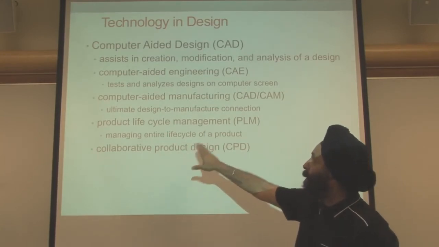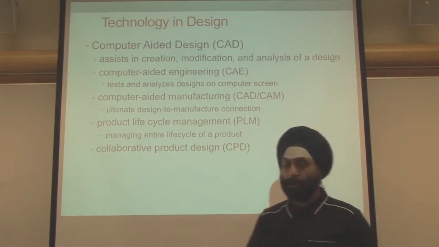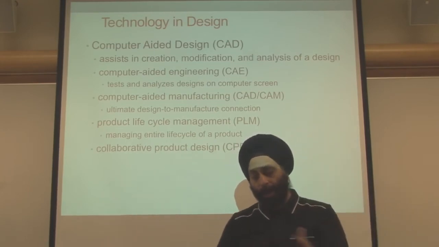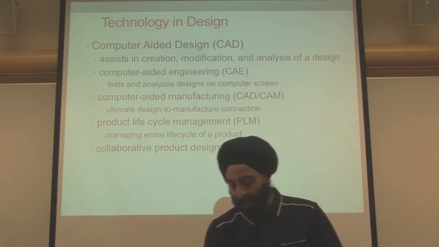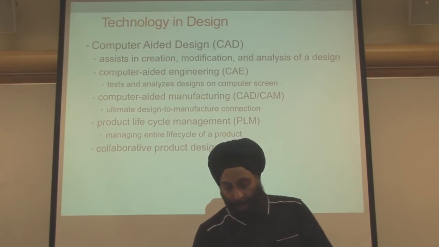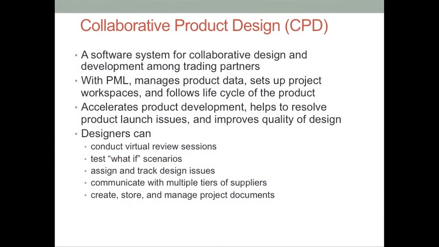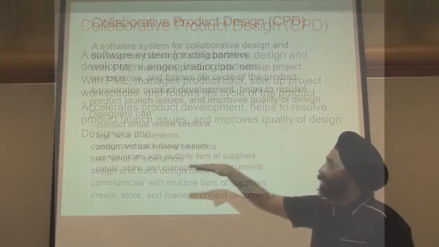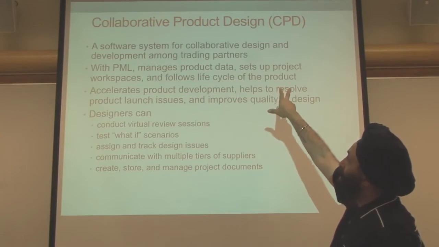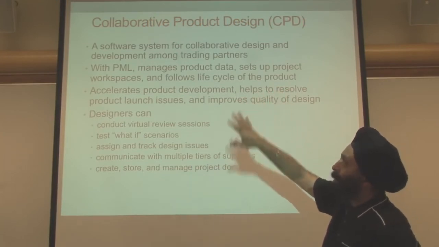And then collaborative product design is another tool for working together to come up with the product design, as I mentioned, in the concurrent design methodology. In collaborative product design, you have multiple teams and a software system for collaborative design development among trading partners.